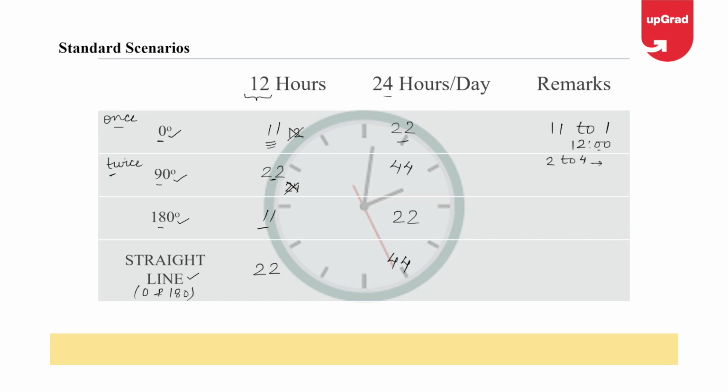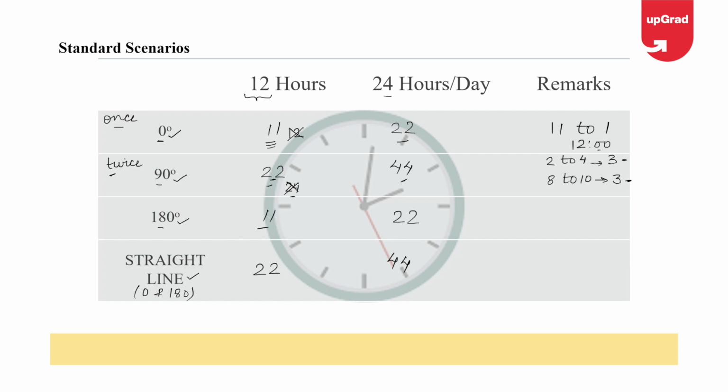Similarly, between 8 to 10, it should have happened 4 times, but it happens only 3 times. Therefore, there is one reduction over here and one reduction over here. So instead of 24, it gives me 22. The same happens in the other 12 hours as well, and therefore the count becomes 44.